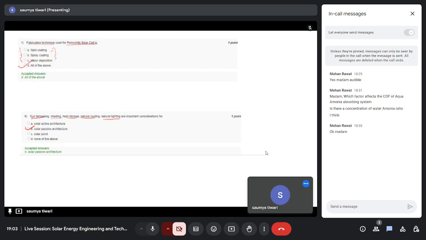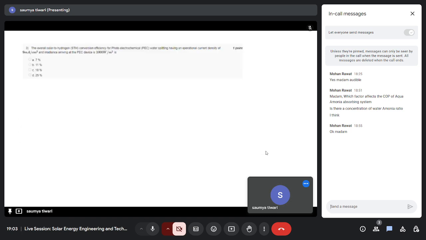Now this is the next question. I'll read out the question first. The overall solar to hydrogen conversion efficiency for a photoelectrochemical water splitting having an operational current density of 9 milliampere per centimeter square and irradiance arriving at the PEC device of 1000 watt per meter square is.